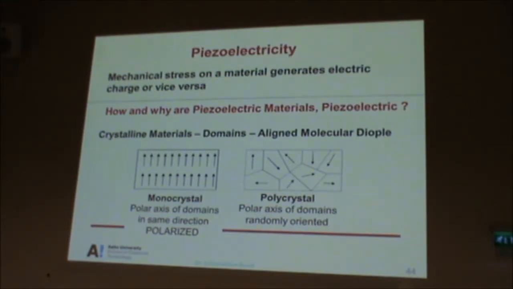On the other hand, if you take a polycrystal, you have domains where a limited volume of material has atoms or molecules pointing in one direction and the next pointing in another, random direction. So you have the entire material divided up into volumes with different orientations of molecules. This is called polycrystal because the polarization is in random directions for each of these domains.